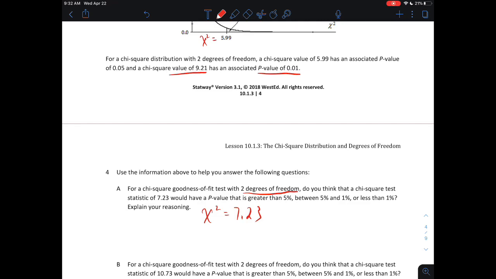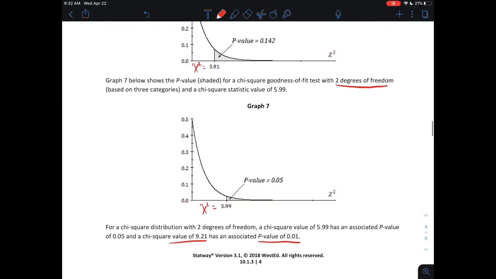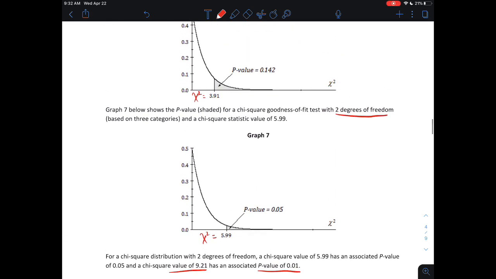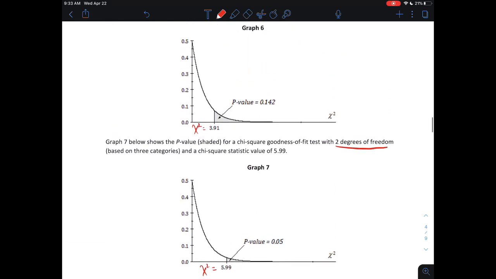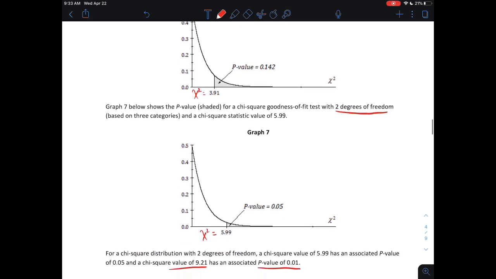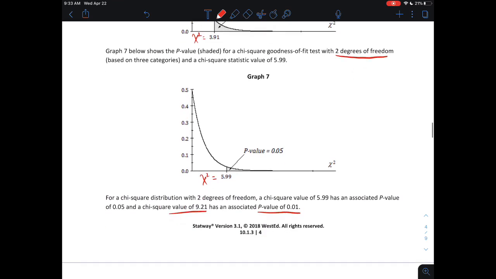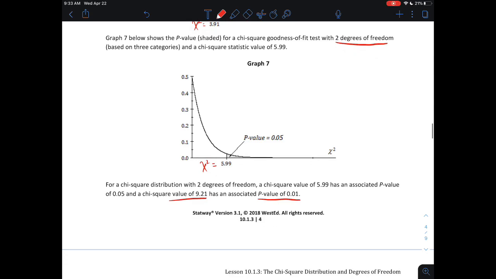So first, let's see how that relates to the chi-square values that we were given above. We were given 3 chi-square values. The first one in graph 6 was chi-square equal to 3.91. In graph 7, chi-square was 5.99. And then in the sentence at the very bottom of the page, we had a chi-square value of 9.21.